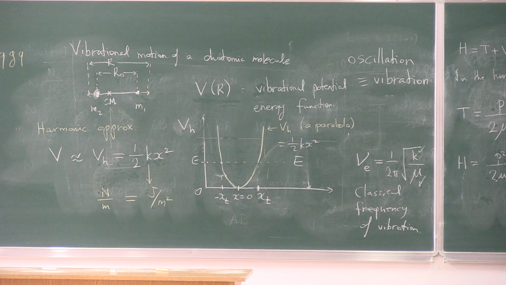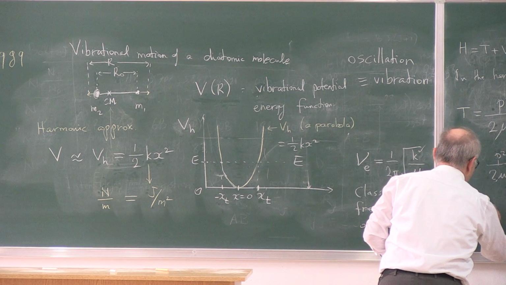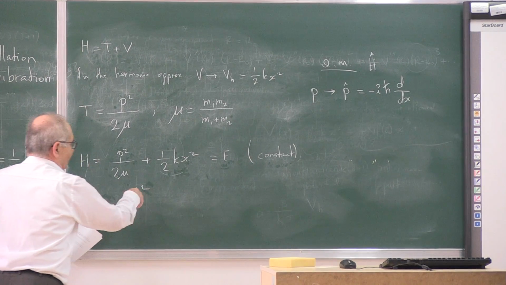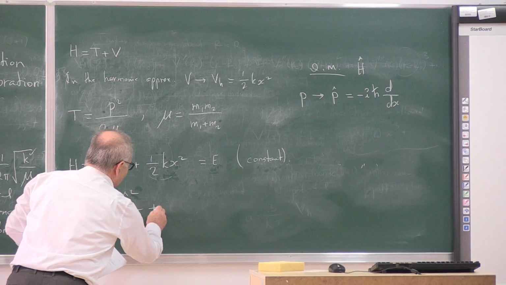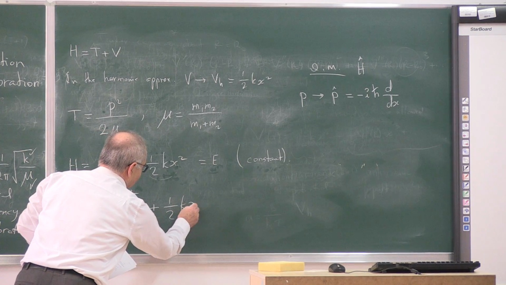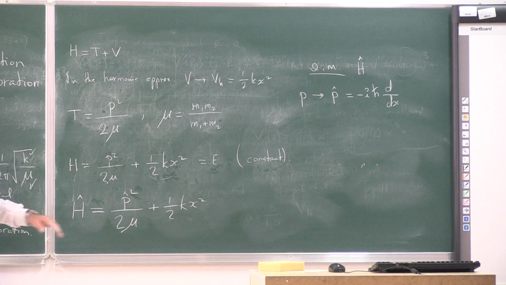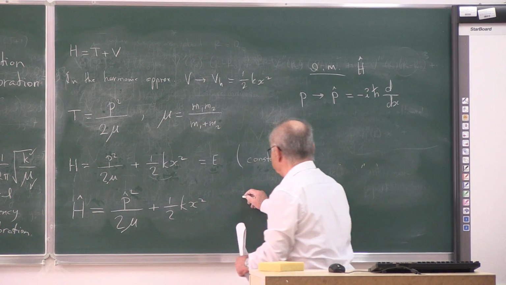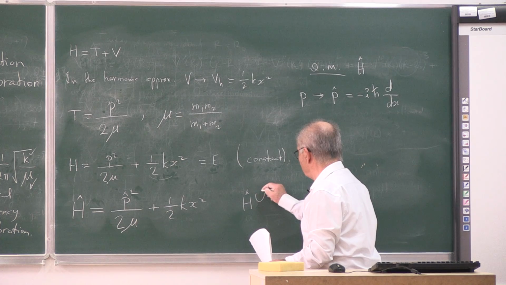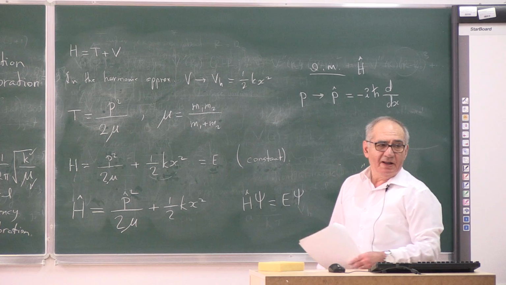So that quantum expression is square of the momentum operator divided by 2 times reduced mass plus 1/2 k times x square. This is our Hamiltonian operator, and the Schrödinger equation is as usual.